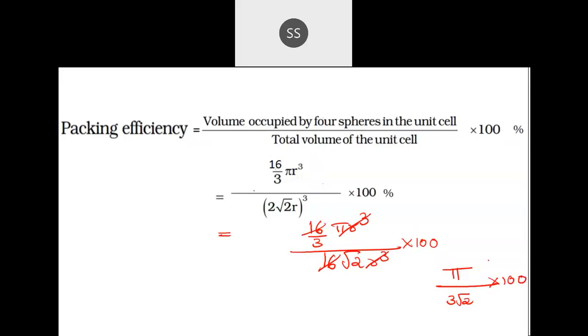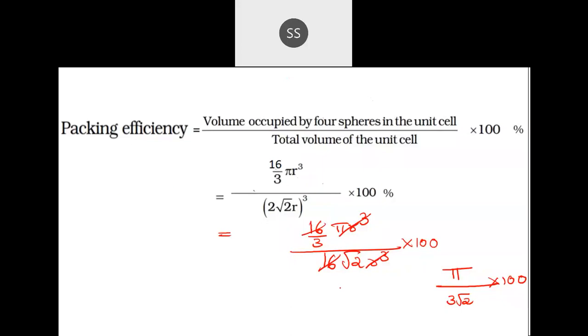So you see how much is the percentage you are getting if you divide pi by 3 root 2. Pi value is 3.14. Divide and check how much you are getting. Yes, all of you are getting the same value, 74.